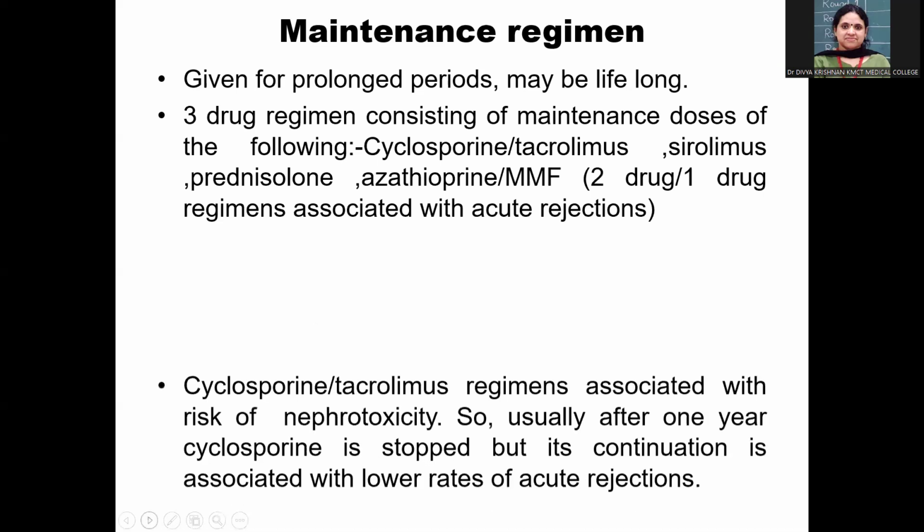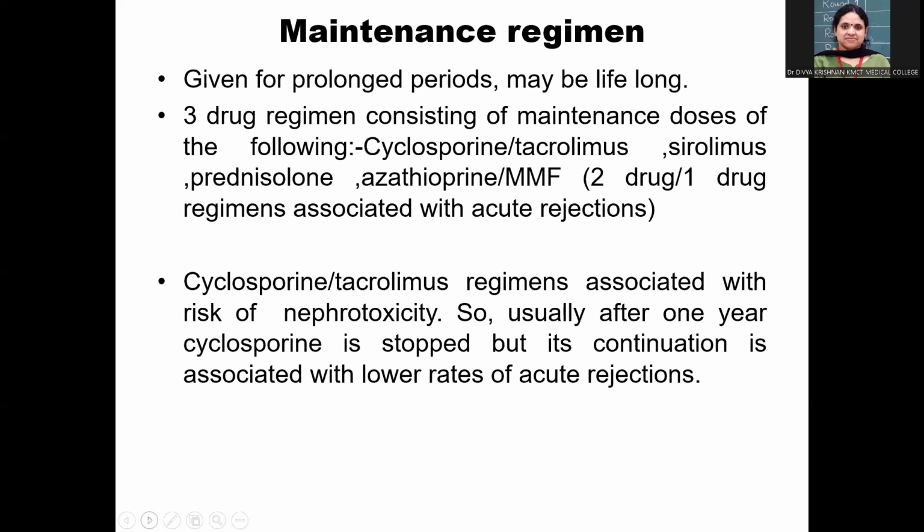Now, cyclosporin or tacrolimus regimens are associated with the risk of nephrotoxicity. So usually what is done is after 1 year of giving cyclosporin, it is stopped and other drugs are continued. But the only risk that can happen with the stoppage of cyclosporin is the risk of acute rejection.